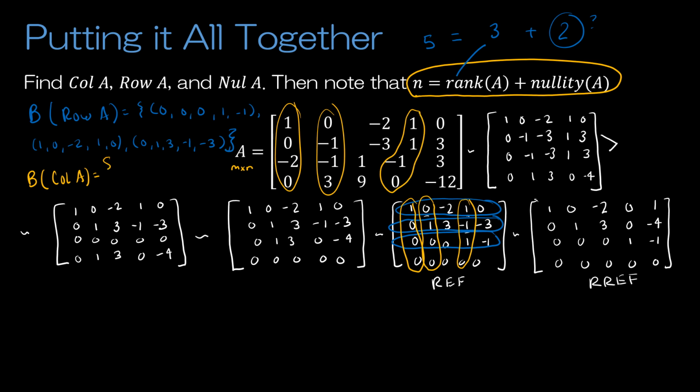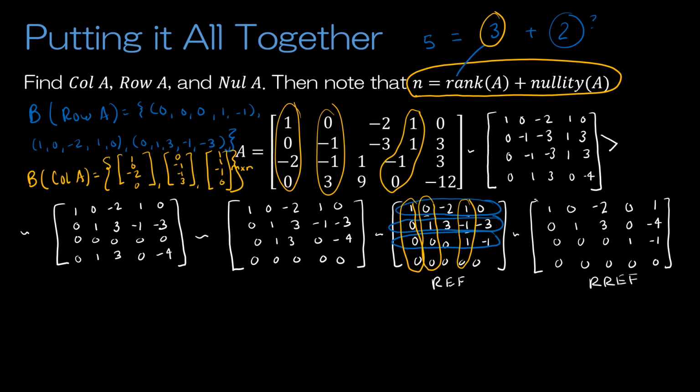So the basis for the column space of A is 1, 0, negative 2, 0, 0, negative 1, negative 1, 3, and 1, 1, negative 1, 0. Again, there were 3 of them, which is what we expected because the row space and the column space should have the same number of vectors in their basis.